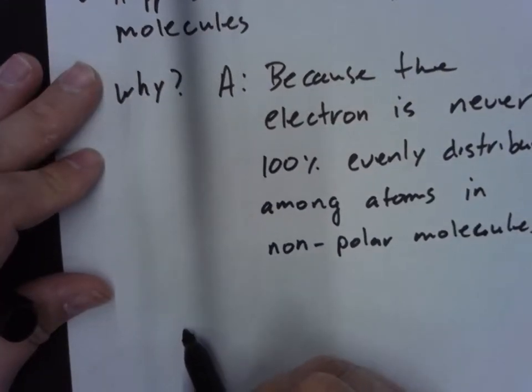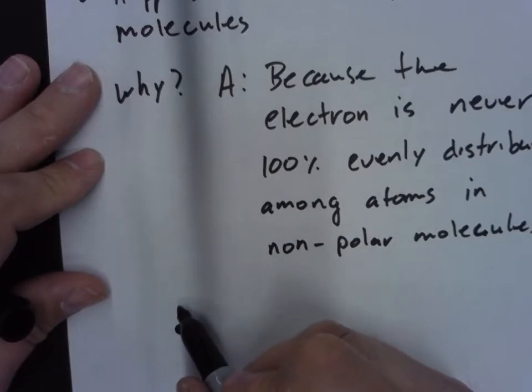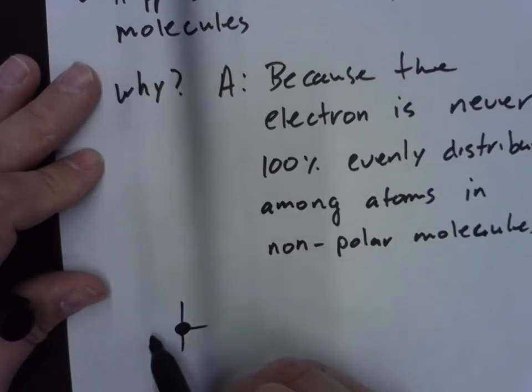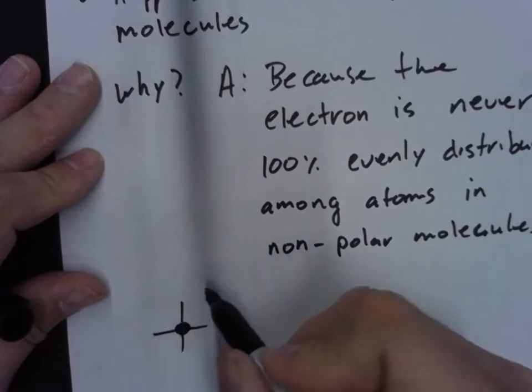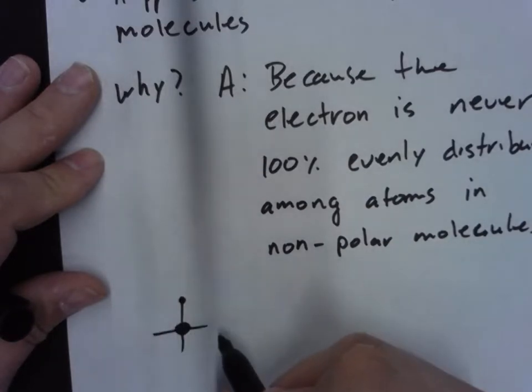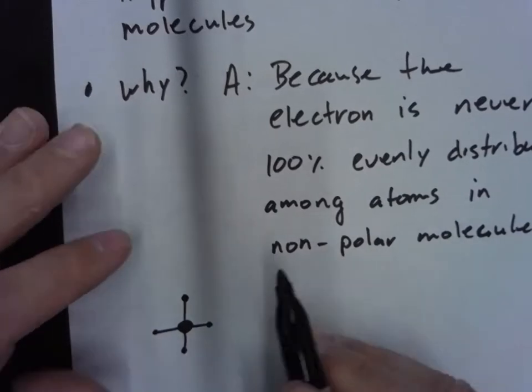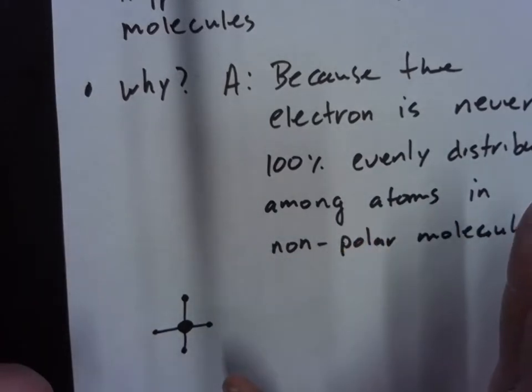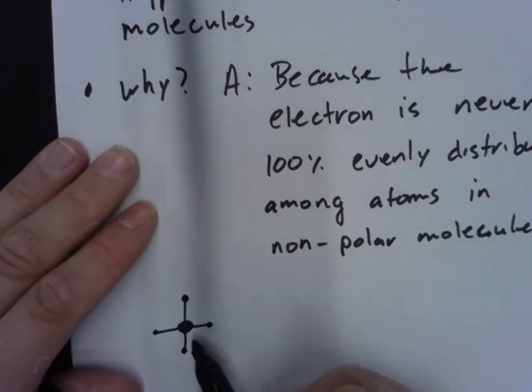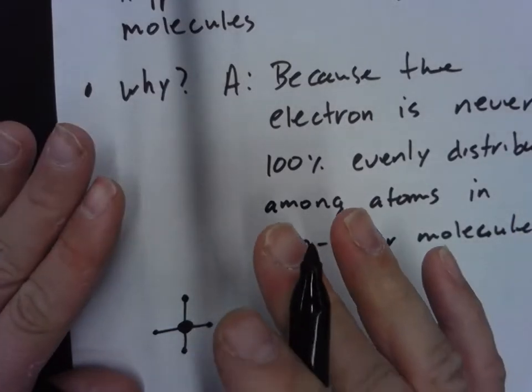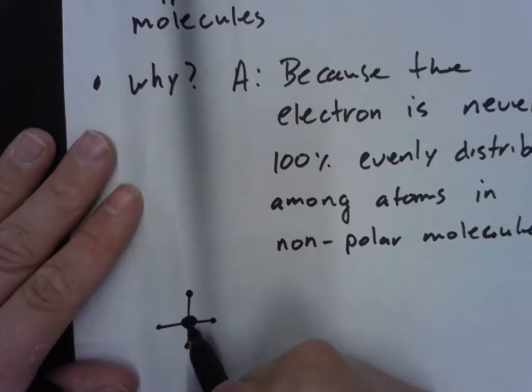Let's draw CH4. There's C. I don't have another color for the hydrogens, so I'll just draw them smaller like this. Here's CH4. Even in CH4, which is definitely nonpolar, there's still going to be a very, very slight charge amongst the carbon here. Carbon is a tiny bit stronger than hydrogen.